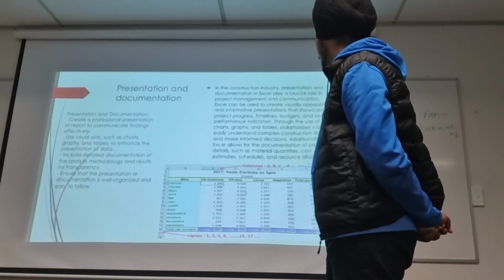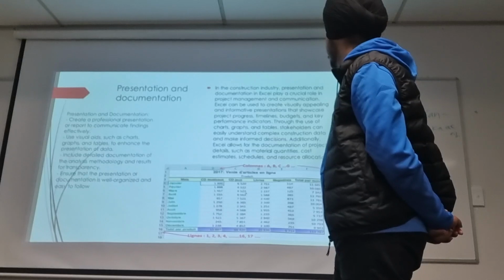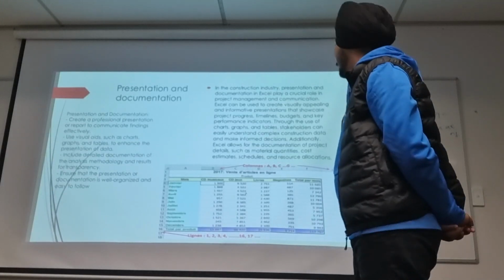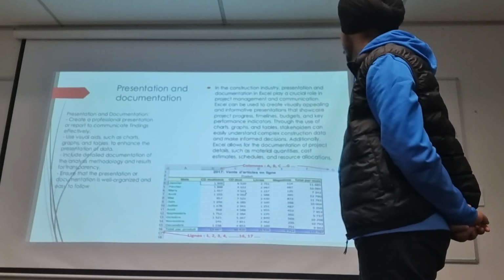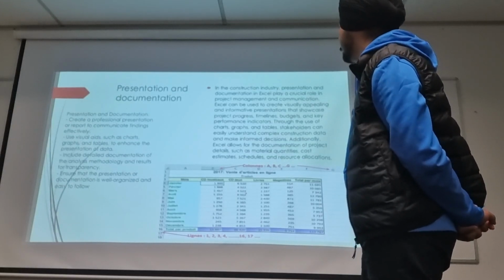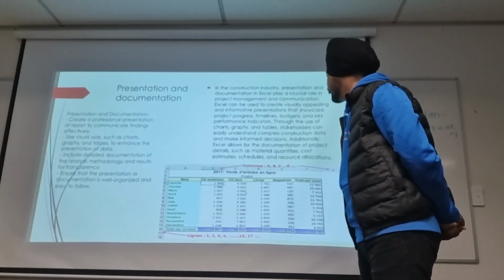In the construction industry, presentation and documentation in Excel play a crucial role in project management and communication. Excel can be used to create visually appealing and informative presentations that showcase project progress, timelines, budgets, and key performance indicators.